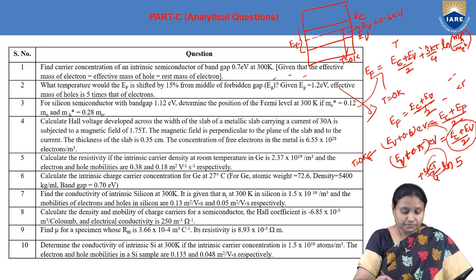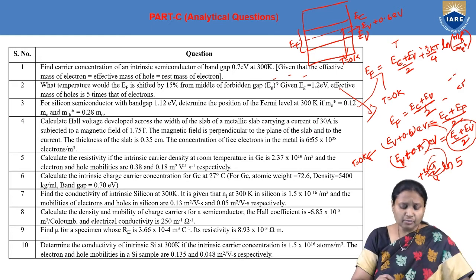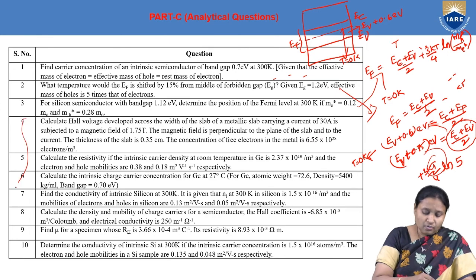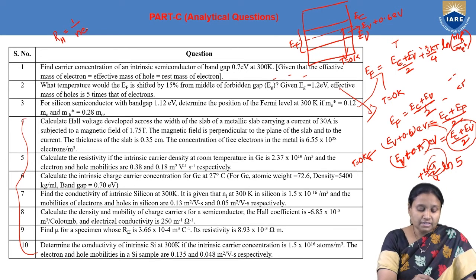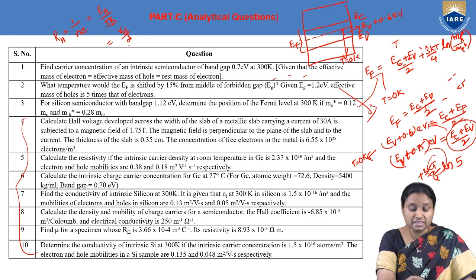And here, based on conductivity and mobility, if we consider all these equations, we'll observe that we are going to make use of the expression for Hall coefficient as 1 by Ne. It is also given by the formula EH by JB. And we know that EH is given as VH by D, where D is the width of the slab.